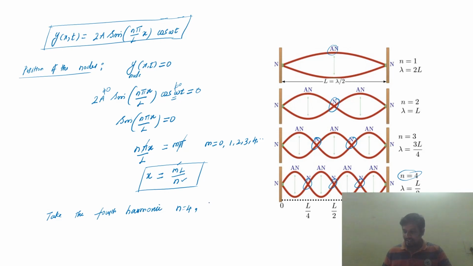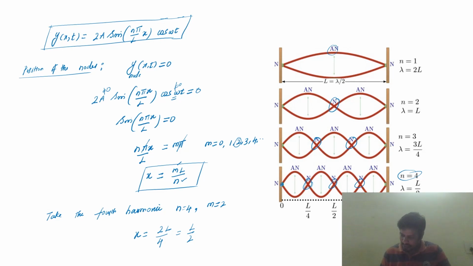We need to find the third nodal position, that means m value equal to 2. So m equal to 2 is the third nodal position. If you are finding that value, x equal to m equal to 2, l by n equal to 4, so l by 2.